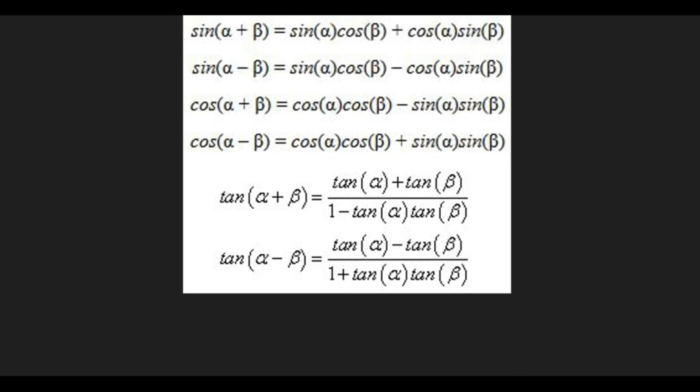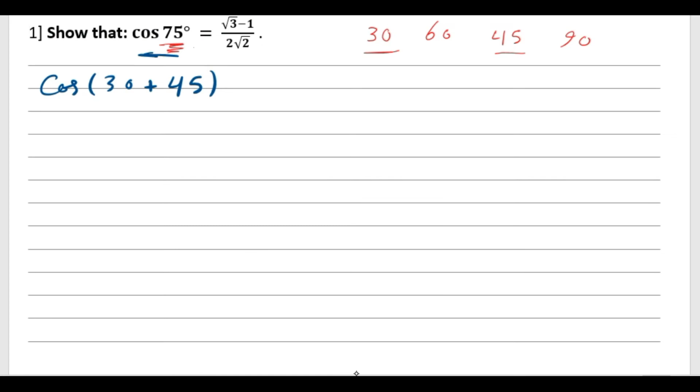So we'll use this rule for this expression: cosine, cosine, sine, sine. The first angle is 30, the second is 45, and the sign will be different. Inside the bracket plus, outside it will be minus.